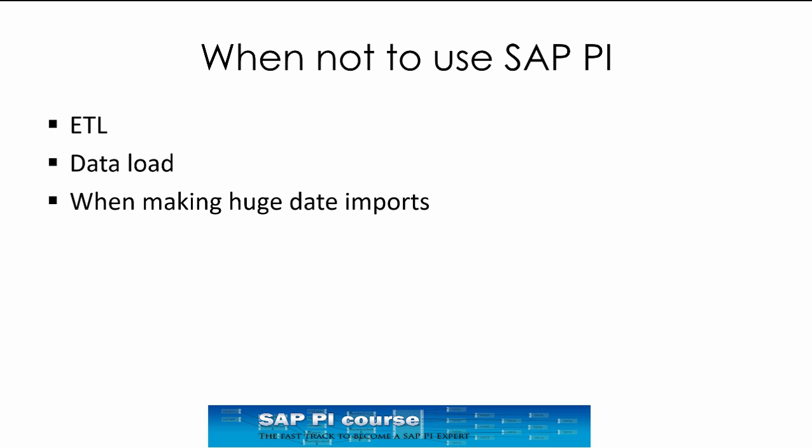And if you have messages above maybe 100 to 400 megabytes, then you're using a lot of memory for all of this processing, and that will be slowing down the system and probably making these messages get an out of memory error. So if you have these big loads, don't use the PI. Otherwise, you need to figure out a way where you can scale the messages down to 50 or 10 megabytes. Then you would be much better off.